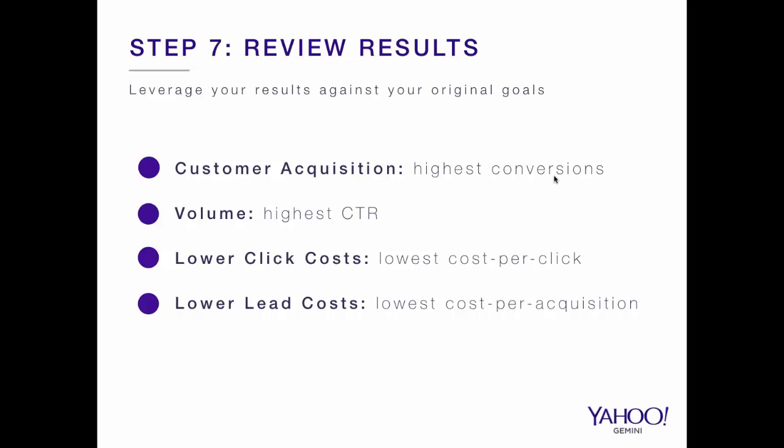That's great. Or I got a lot of conversions. That is the winner. Great, I've got something here. Well, no, that's not the answer, because that's not what you were testing, right? In this case, we were testing the CTR.